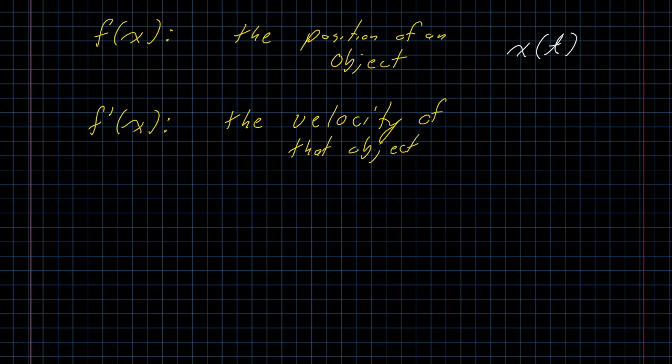Again, in physics, thinking about this in terms of x prime of t is more useful. And just for the sake of mentioning it, you will sometimes instead see this written as x with a dot over it.